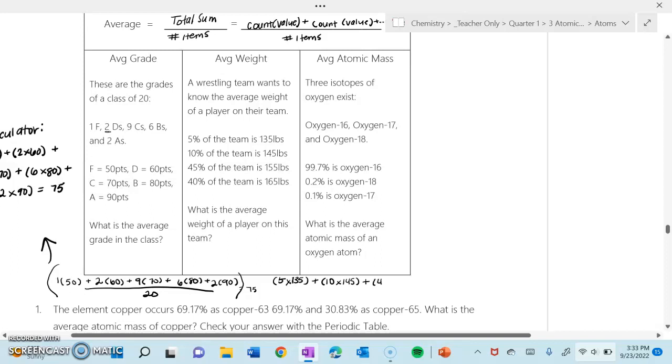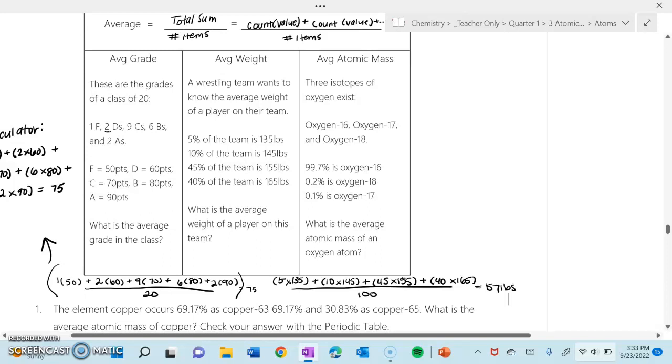Then we have 45 with a value of 155 pounds. And lastly, we have 40 with a value of 165 out of a team of 100 players. If you put this into your calculator, this time I wrote it in that calculator form, putting them in groupings, then you will get the average is 157 pounds.